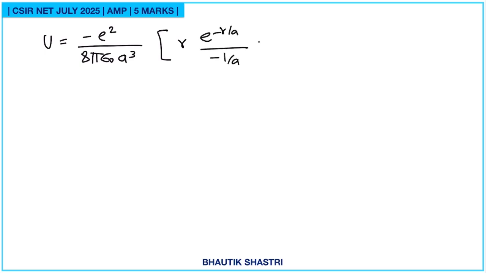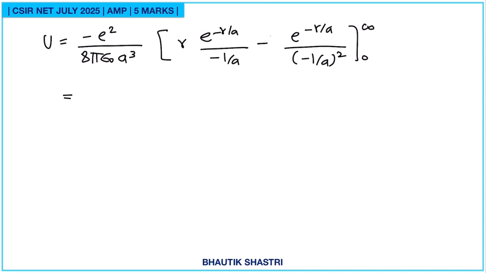So U is equal to minus e square upon 8 pi epsilon naught a cube. So u into v, so r into e raised to minus r by a upon minus 1 by a, minus integration of this, so minus r by a upon minus 1 by a square, du by dr, then dr. So 0 to infinity.